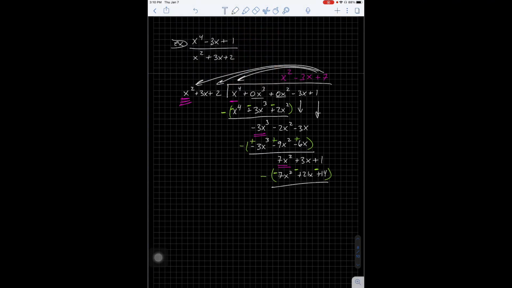So the first two cancel. That's my check that I did it right. A 3 minus 21 is going to be negative 18, negative 18x. And 1 minus 14 is going to be minus 13. So I don't have any more to bring down, so that means that this is my remainder. So I'm going to come up here and say plus negative 18x minus 13 over what I divided in. Okay, and this whole thing up here is my answer.